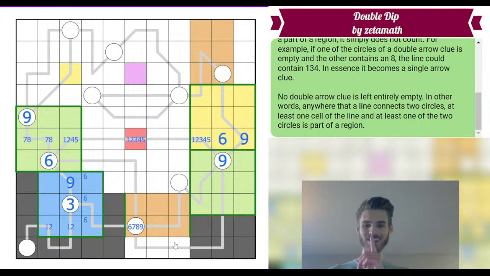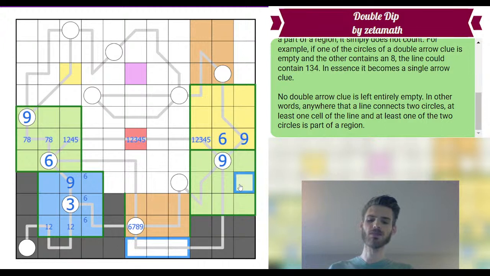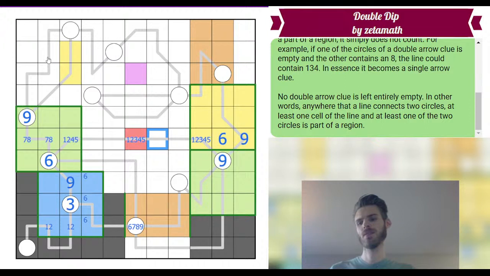No. It's not as sus as I thought. Actually, these could sum to less than 15 because they don't see each other. This one has to come up one at least. And it has to come right one because it needs to take at least one cell on this line.